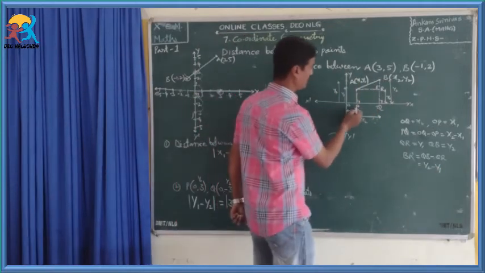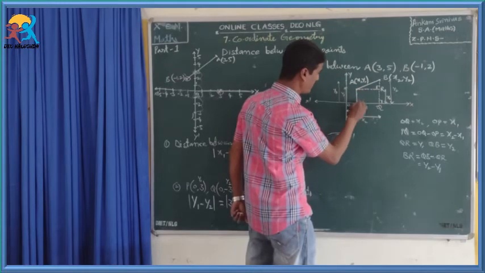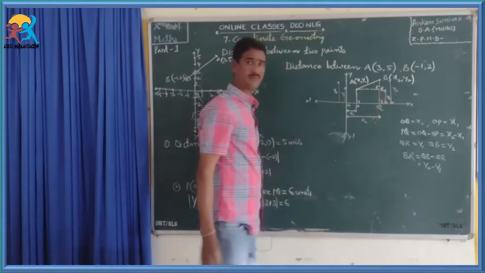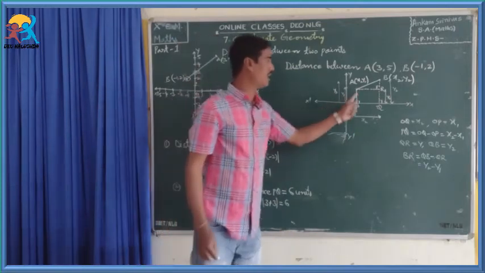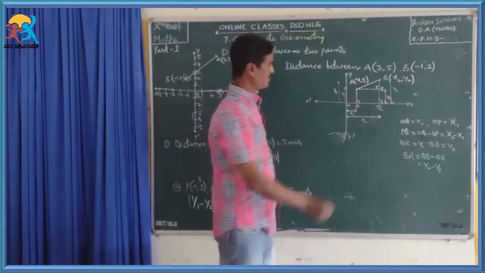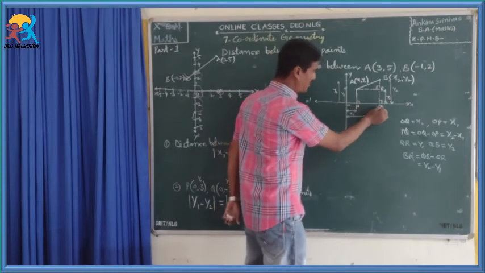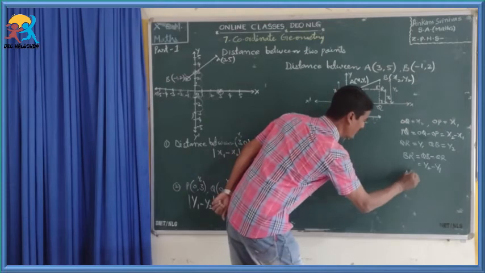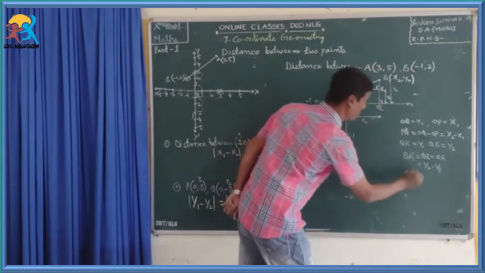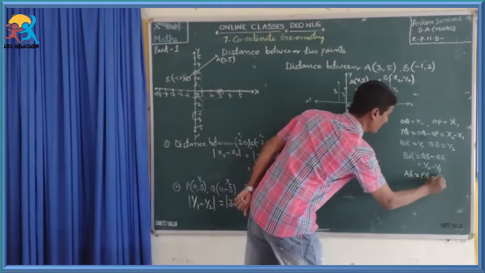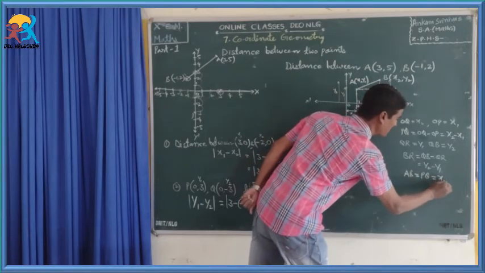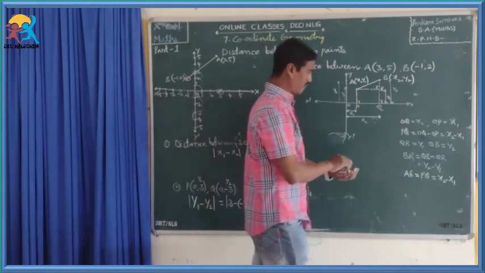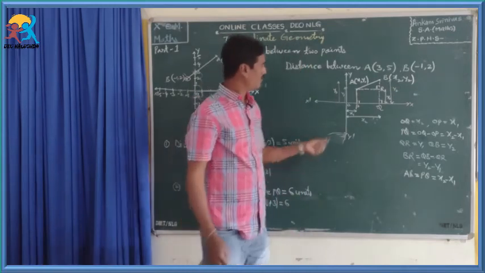Now PQR becomes a rectangle. In a rectangle, opposite sides are equal. So PQ equal to AR. We will get AR equal to PQ equal to x2 minus x1. Now we have to notice two points here.